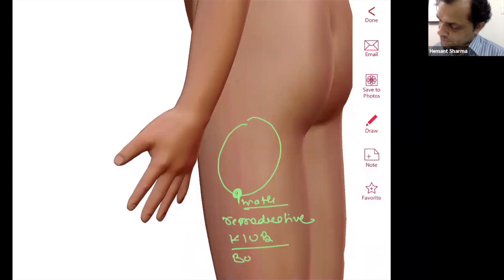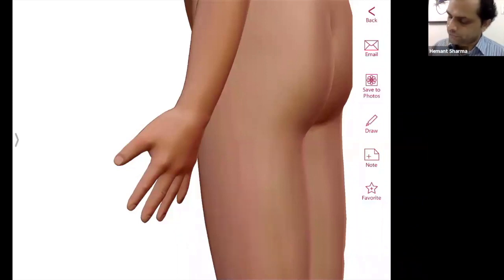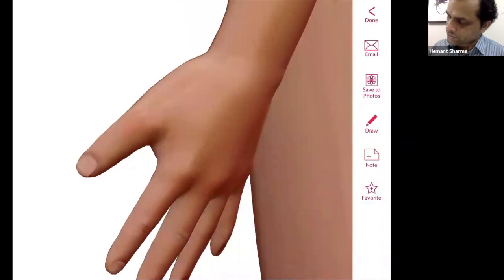And kidney is also connected with the bones. So if anything goes wrong with the reproductive part or bones, we have to treat the kidney. So kidney and reproductive part and bones have a very close relationship. So whenever we want to treat the reproductive part, we have to be very near to the kidney. So we have to be very near to the bones. So whenever we are putting the point here, we are trying to put the needle just touching, adjacent to the bone.